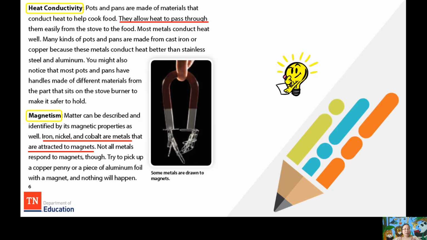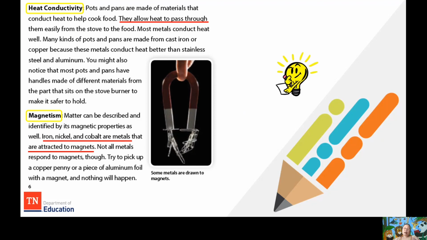So we've learned quite a lot about ways we can describe objects today. We can definitely describe how much matter there is in a particular object by measuring its weight or mass or its volume.